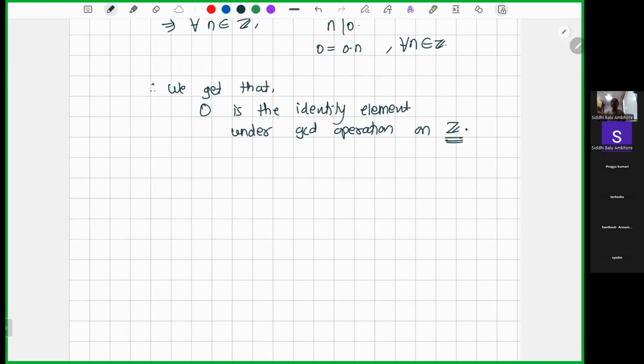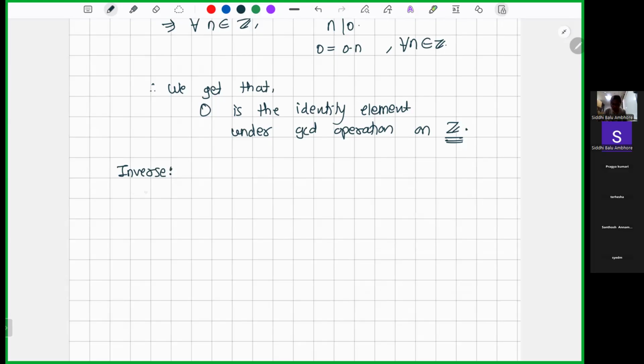Okay, so now we want to talk about inverse, whether it exists or not. If it exists, whether it exists for every integer, and if not, what are the integers where it exists. So since the identity exists, we are now talking about the inverse in Z under the operation GCD.